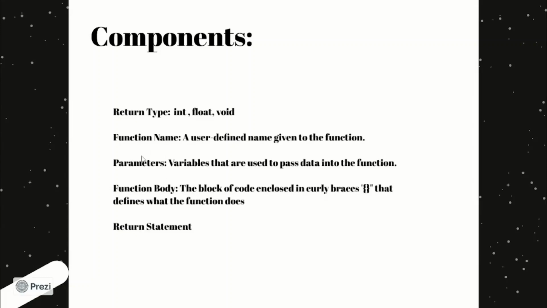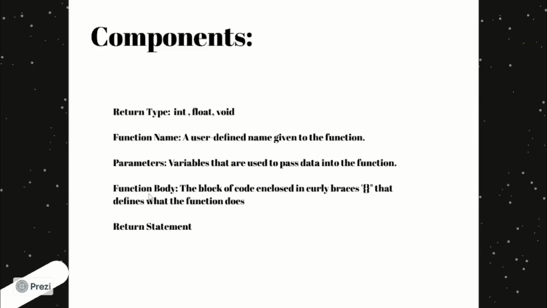Let us consider, if we want to perform an addition operation inside our function, we need data for adding two numbers. So these are called parameters in functions.